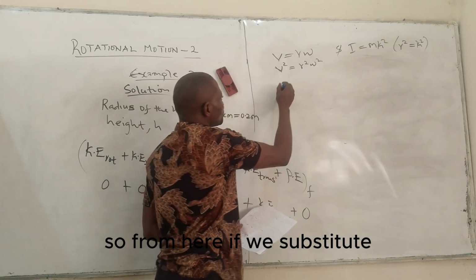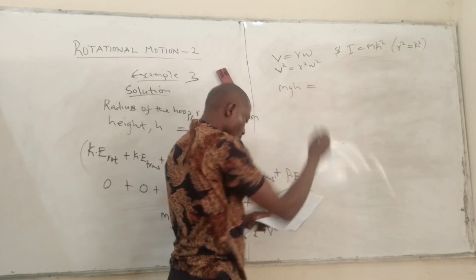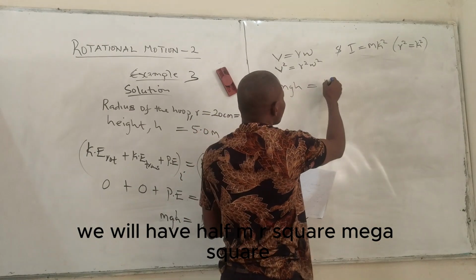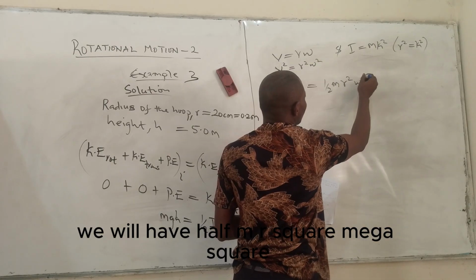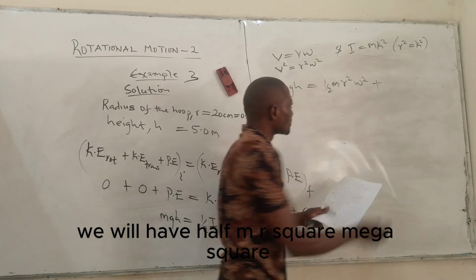So from here, if we substitute, we will have half m r square omega square.